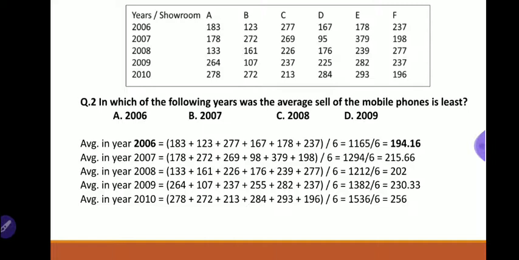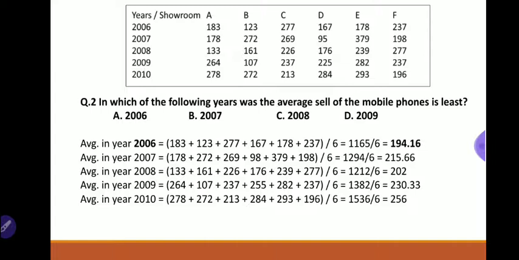So just find the addition of all mobile sales in each year, and whichever addition is very small will produce the smaller average. So in 2006, add the sales of mobile phones by each showroom and you will get 1165.